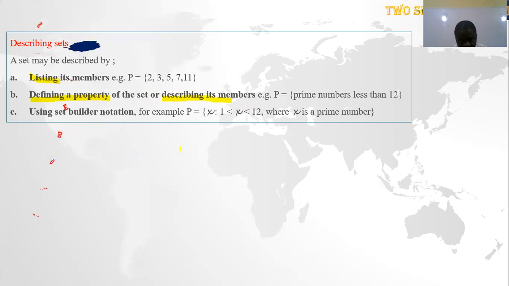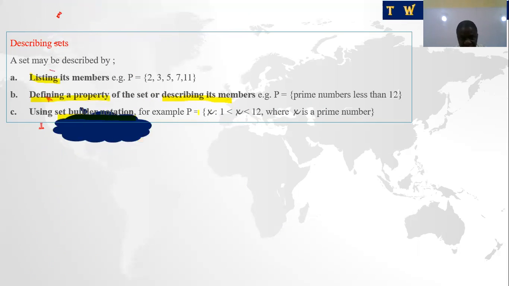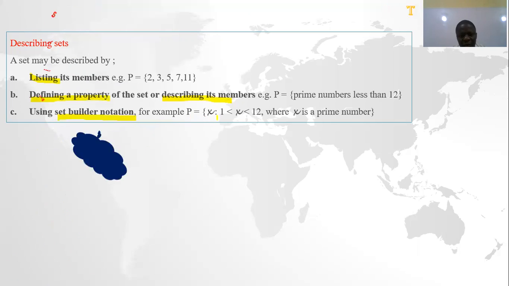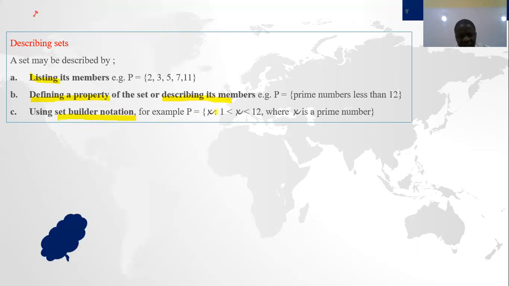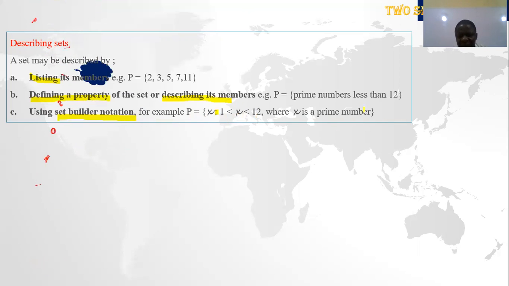The third one is what we call set builder notation. And this is how it reads. P is equal to {x such that 1 < x < 12, where x is a prime number}.